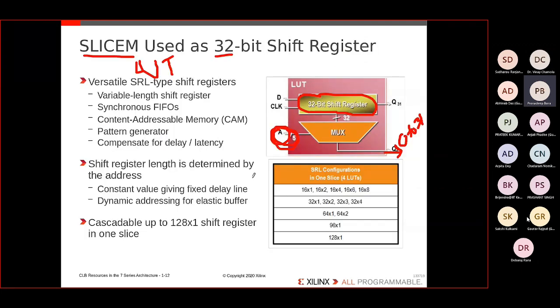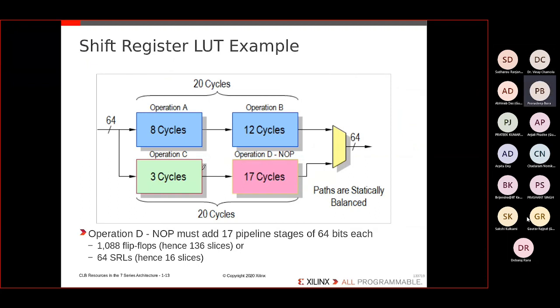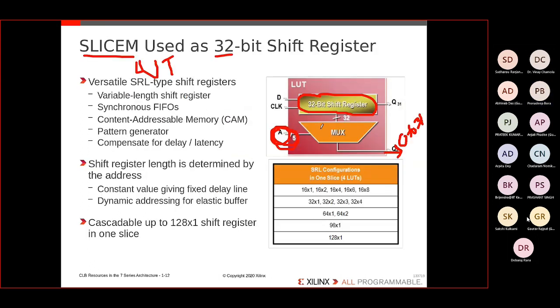So you can see here, I have 64 bits, right? I need to register 17 cycles. So in each bit, I need to put a LUT, because one LUT can shift up to 32 clock cycles, a 32-bit shift register. Instead of 32, I can use 17, because 17 is less than 32.